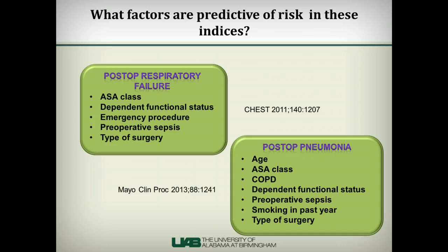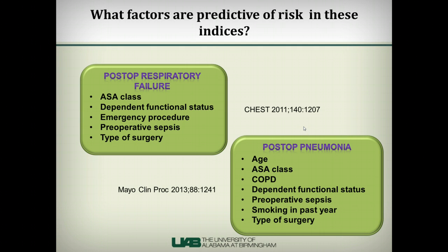The Gupta prediction rule for postoperative pneumonia was published in Mayo Clinic Proceedings in 2013. Now, the definition of pneumonia is pretty complex in these studies. Clinically, it's not as useful. We all know what pneumonia looks like, so I'm just going to leave it at that. And these seven components are predictive of postoperative pneumonia.